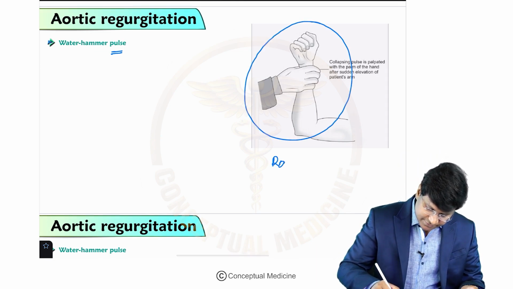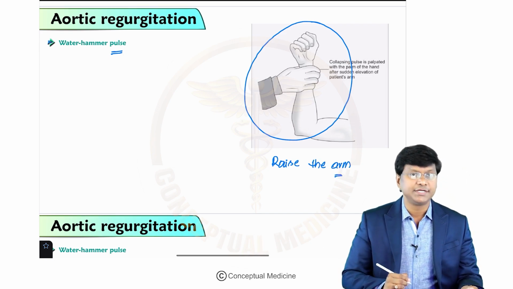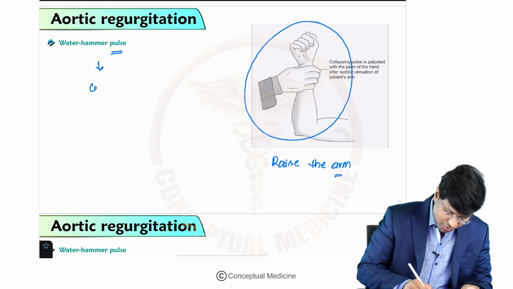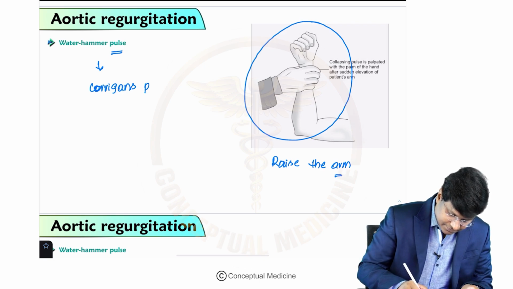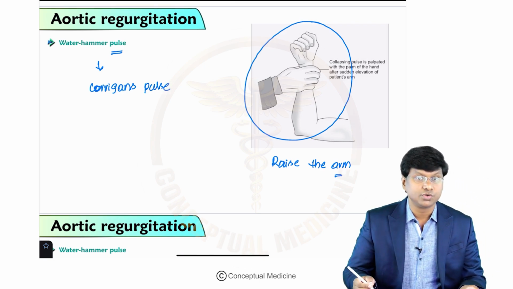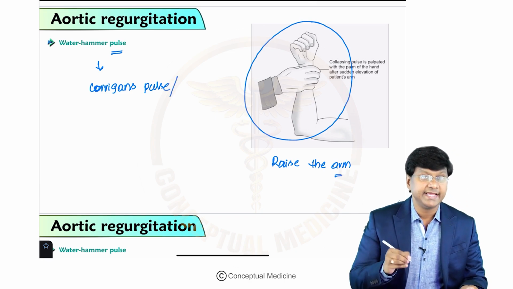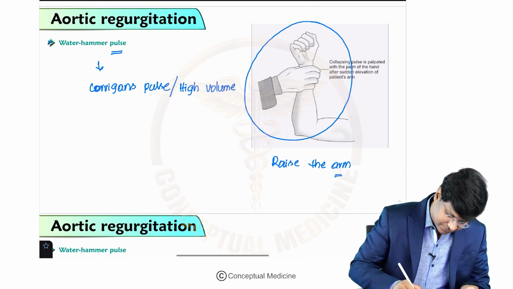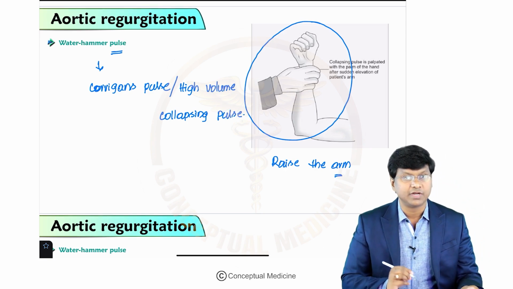Another name for the water hammer pulse is Corrigan's pulse, or it is a high volume collapsing pulse.